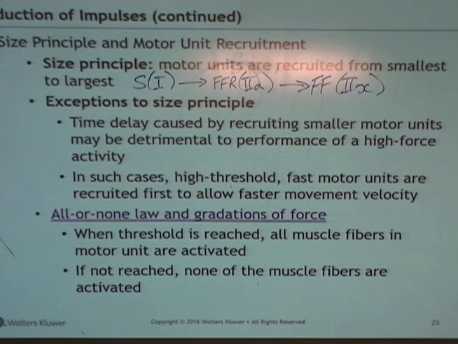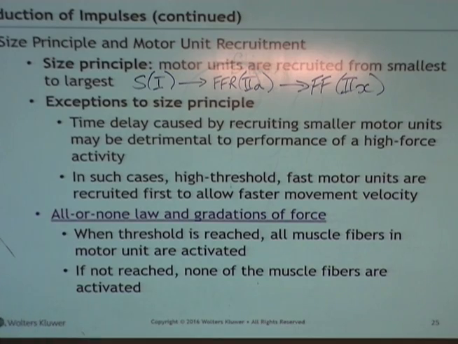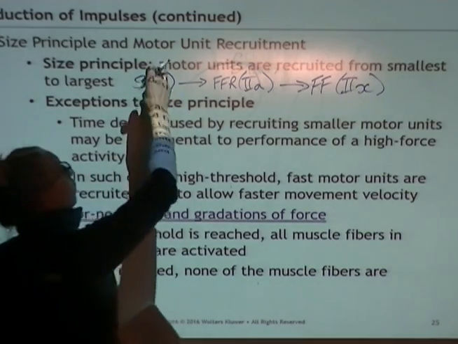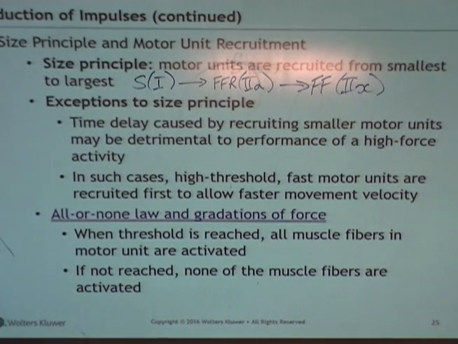And I'm turning on the fibers that are fatigue resistant, so they're not going to get tired. I'm not going to suddenly run out of steam if I'm using my type 1 fibers. So predominantly for endurance activities and for daily living activities, we will turn on these first because they provide a better benefit.